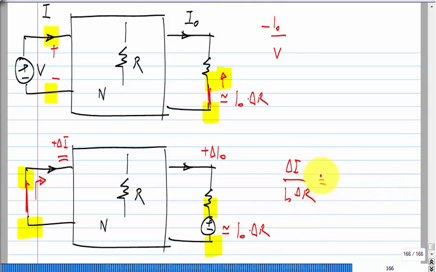So, delta I by I naught delta R equals minus I naught by V. Is this fine? Is it okay?